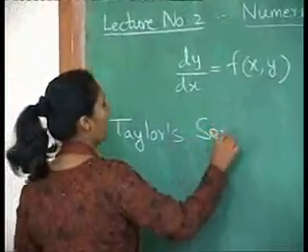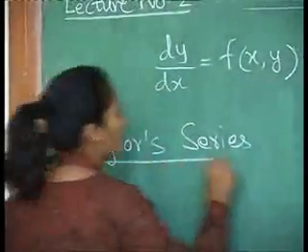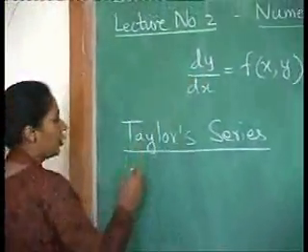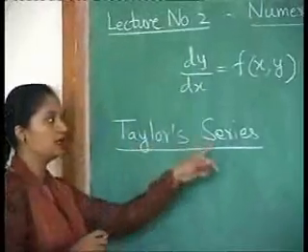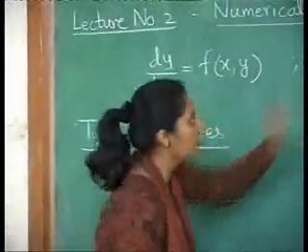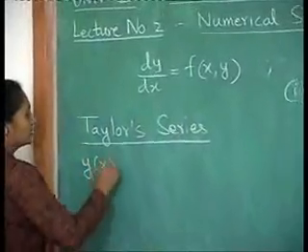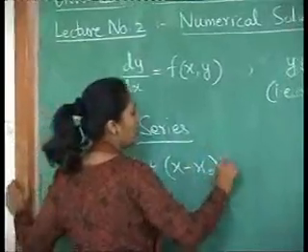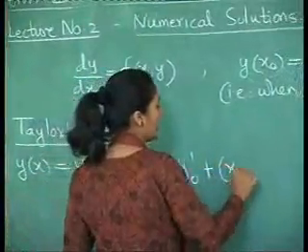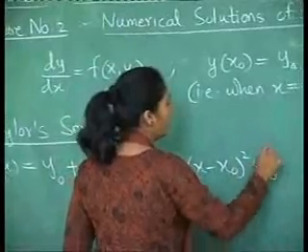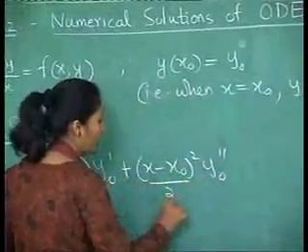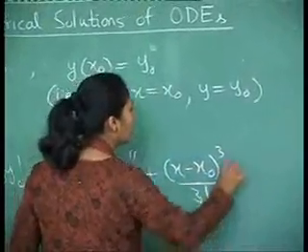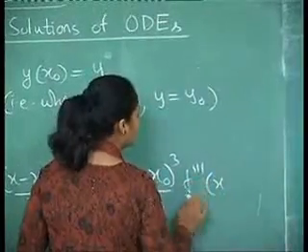I am assuming that somewhere in your calculus class, you have come across Taylor series. Suppose y is the exact solution of this, then by Taylor series expansion about the point x naught, we will get y at x equal to y naught plus (x minus x naught) into y naught dash, plus (x minus x naught) square into y naught double dash upon 2 factorial, plus (x minus x naught) cube upon 3 factorial, third derivative at x naught.